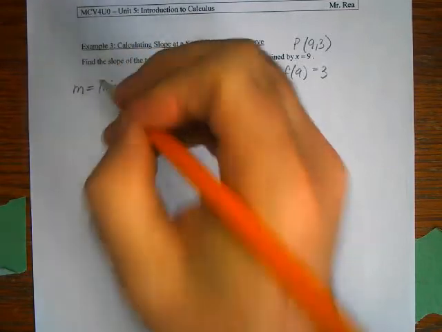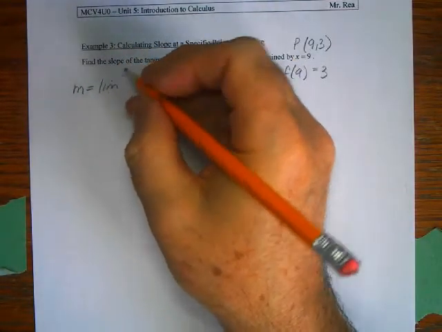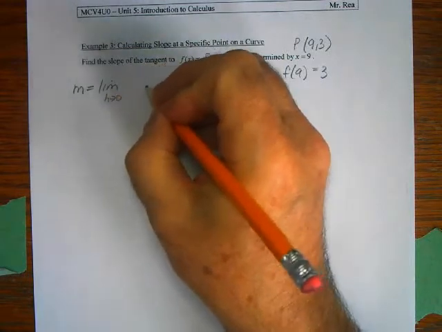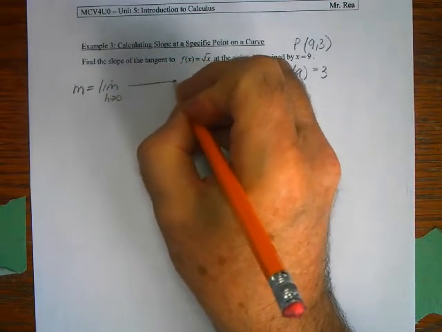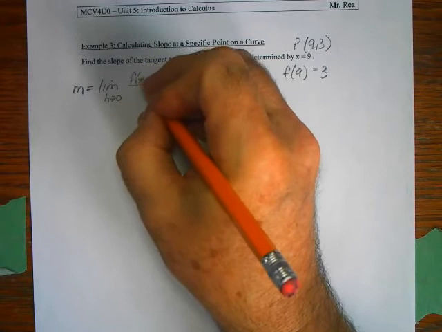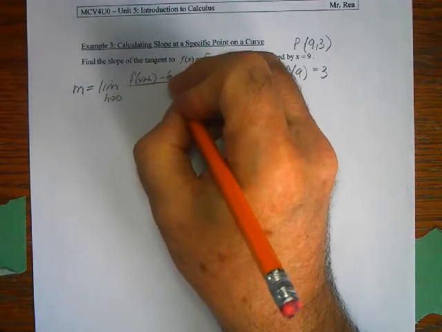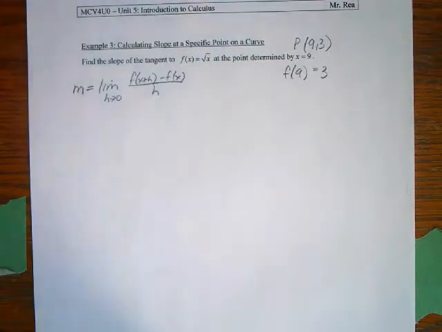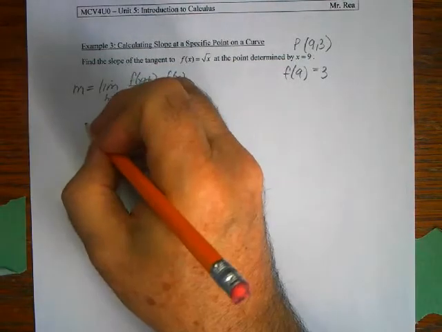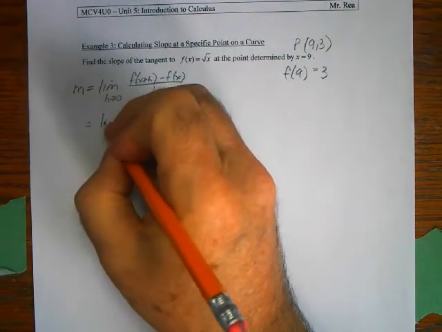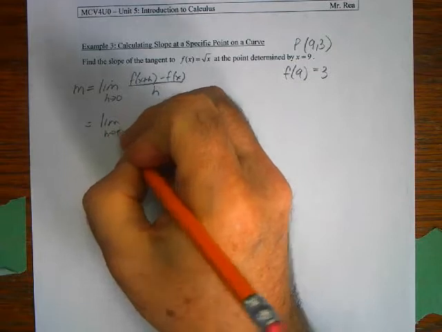So the slope that we're interested in is the limit as h approaches 0 of, and here's our generic, f of x plus h minus f of x over h. Limit as h approaches 0.